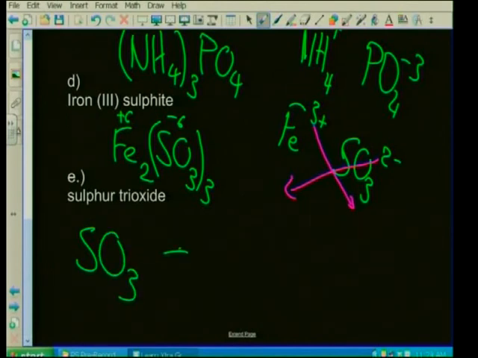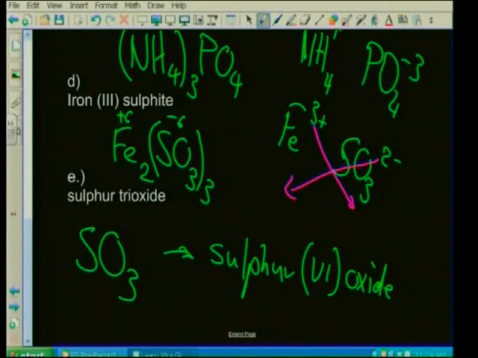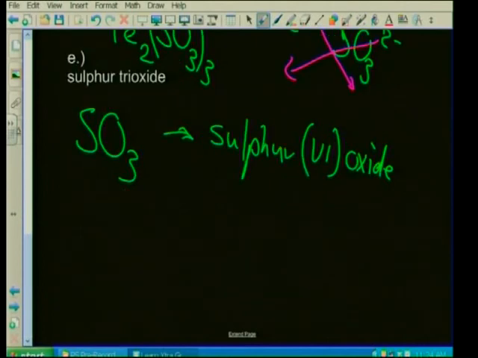The alternative name for this particular substance is sulphur 6 oxide. And the reason for that is because of the valency of the sulfur in this particular compound. Oxygen always has a valency of 2, so that's why we need 3 oxygens. 3 times 2 will give us 6. So that's the other way of making sure we've got it right.